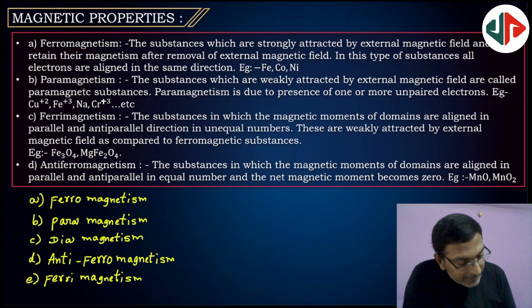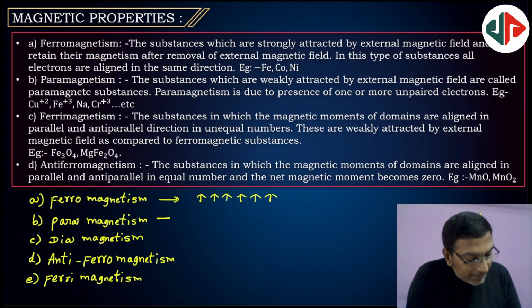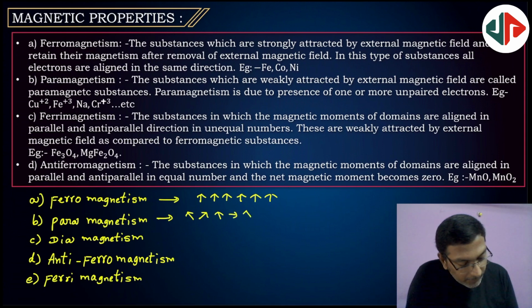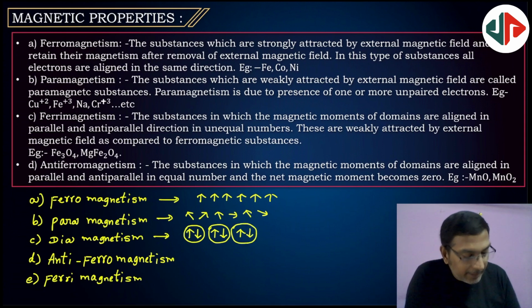So ferromagnetism is due to this electronic arrangement. All electrons will be aligned in the same direction. Paramagnetism is also due to unpaired electrons but in zigzag movement. Diamagnetism, pairing of electrons in the same orbital like this.